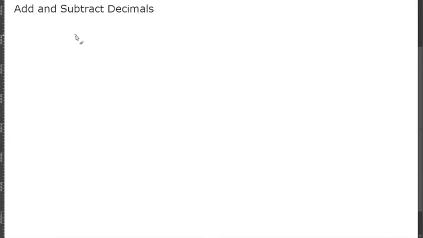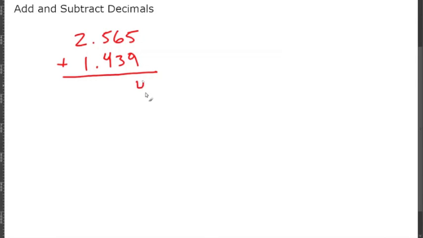Say I ask you to add 2 565 thousandths and 1 439 thousandths. Five plus 9 is 14. Carry the 1. 1 plus 6 is 7, plus 3 is 10.